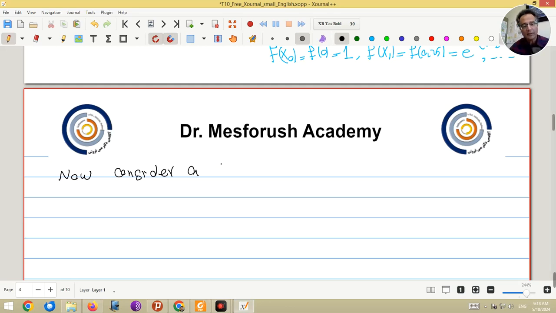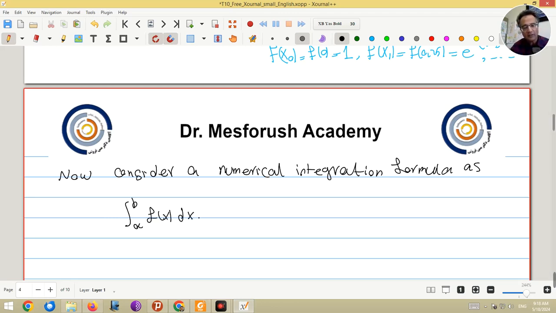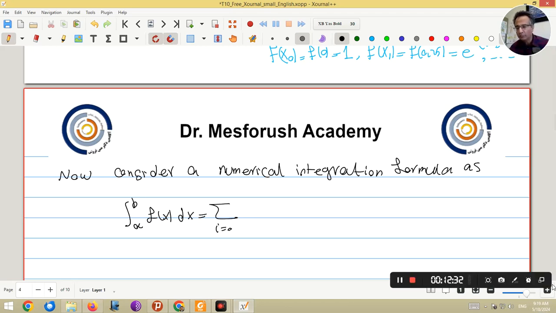Now consider a numerical integration formula as the integral from a to b of f of x dx equal to the sum for i equal to 0 to n of a_i f_i.